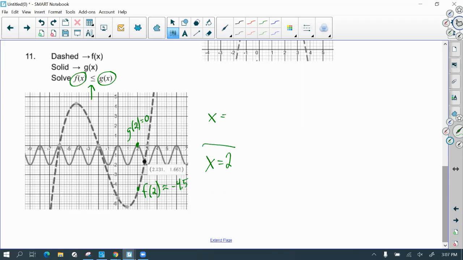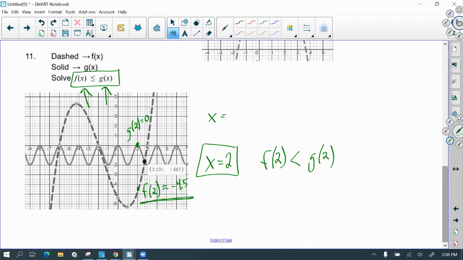So in this particular case, when x equals 2, f is less than g. And that's a solution, because I want to know all the x values where f is less than g. And 2 is one possible answer, because when x is 2, f produces a y value that's less than what g produced.